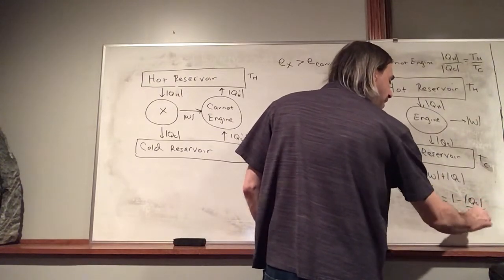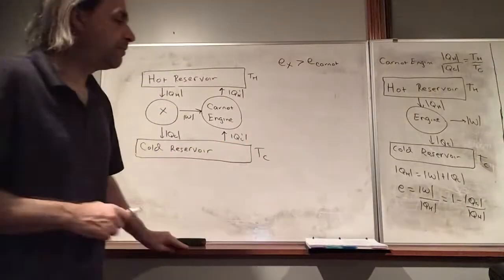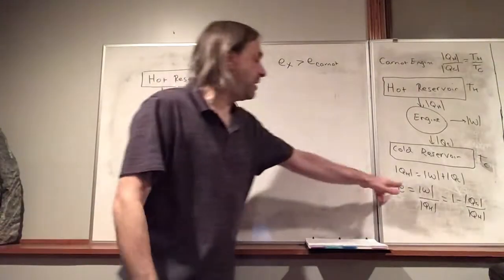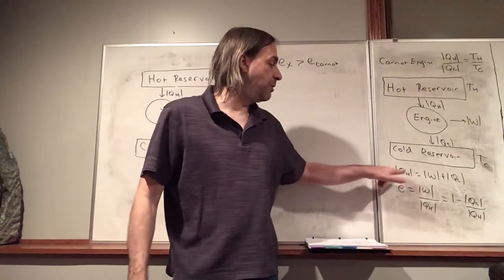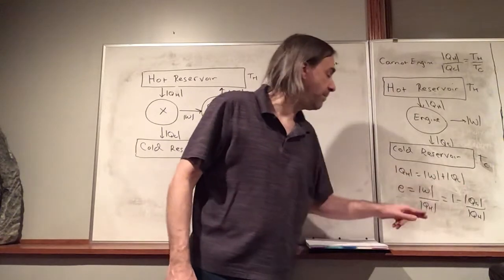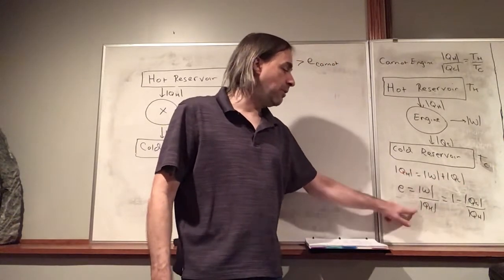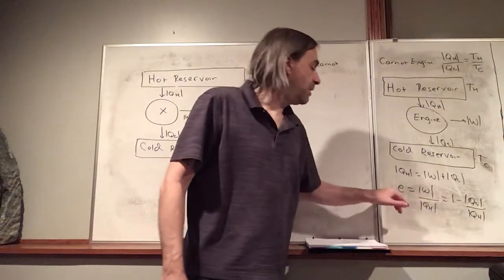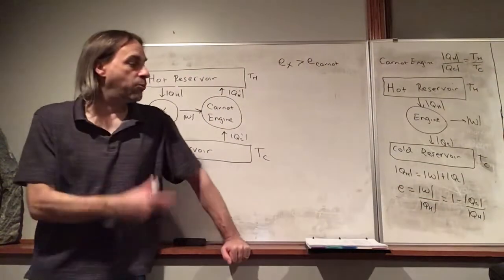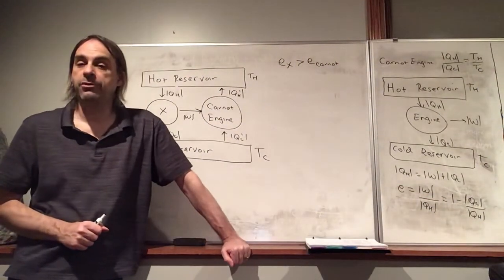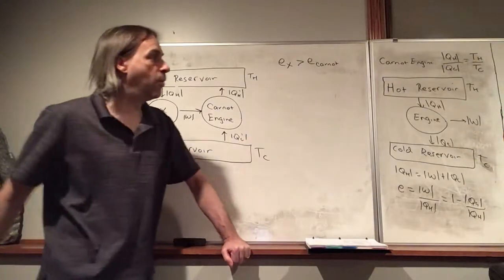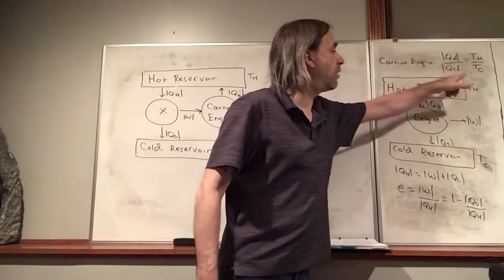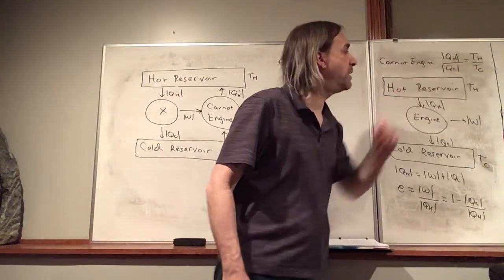We can write the efficiency of an engine basically just by using the first law. So W is QH minus QC. And then the first term we have is QH over QH, that's 1. So the efficiency of any engine is 1 minus QC over QH. And for a Carnot engine, QC over QH would be TC over TH.